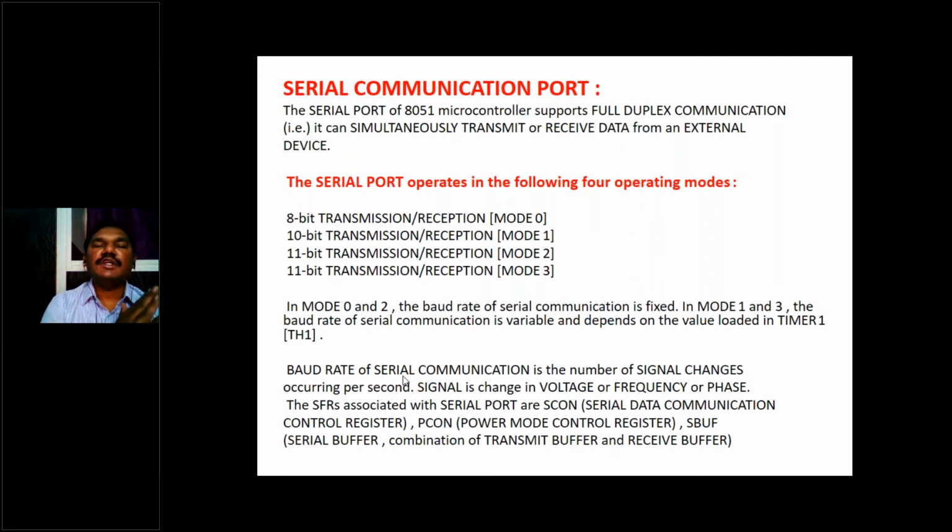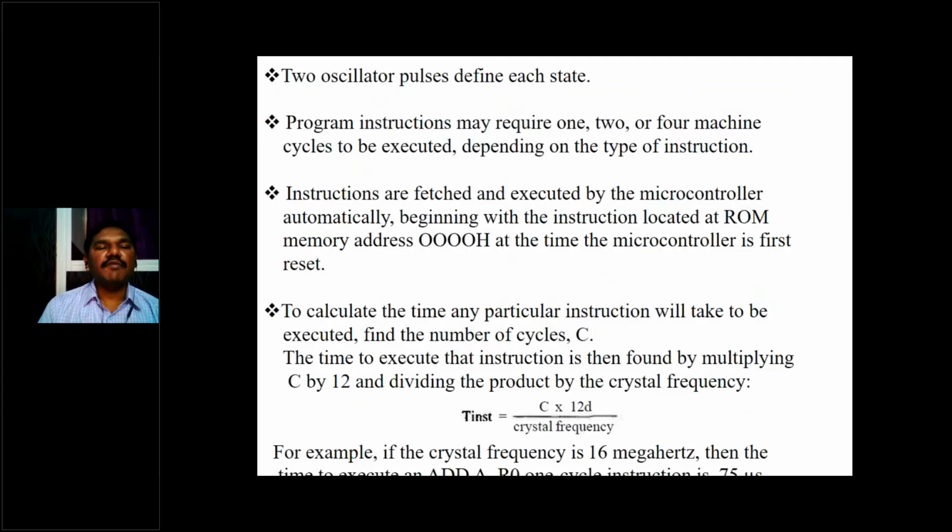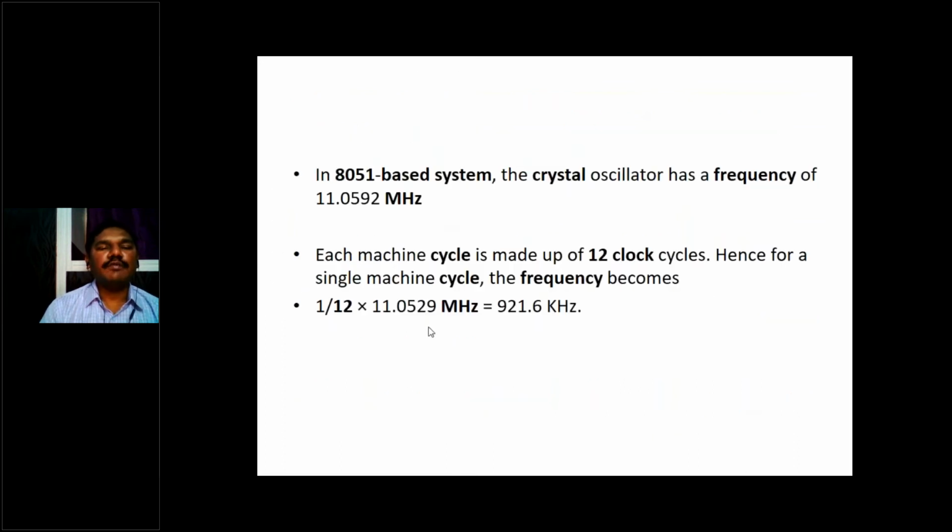Bit rate means the output coming from the transmitter. The input of the receiver is called baud rate. That means bit rate and baud rate never become equal. To decide different baud rates, we should have this frequency of 11.0592 megahertz. We will see that later. Usually you can take 11.0592 as a round figure of 12 megahertz.